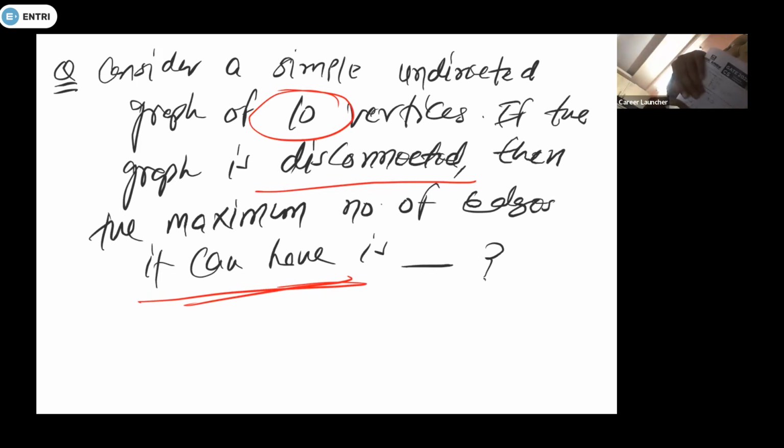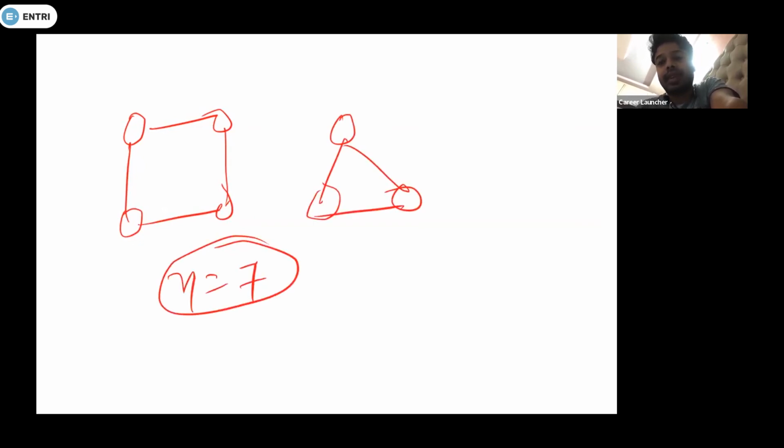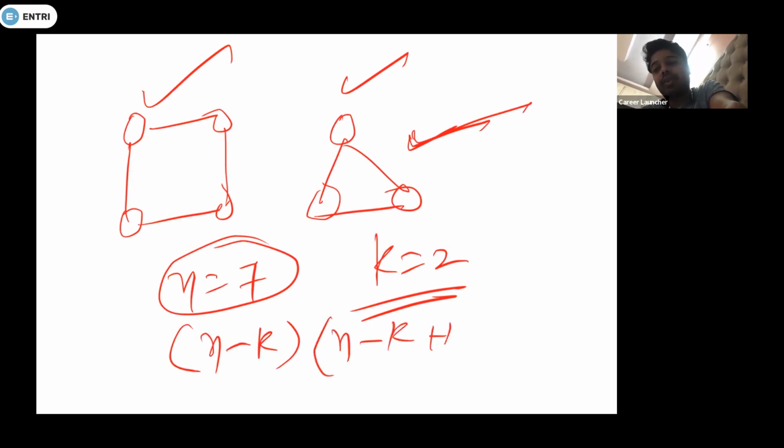Suppose the graph is disconnected, like this. How many vertices are there? 7 vertices are there, and k is 2. 2 components are there, one component, two components. Then what is the maximum number of edges? If the graph has n vertices and k components, the maximum is (n minus k) into (n minus k plus 1) divided by 2.